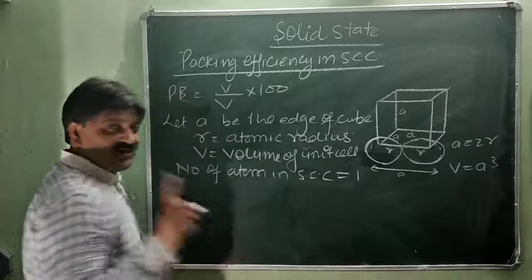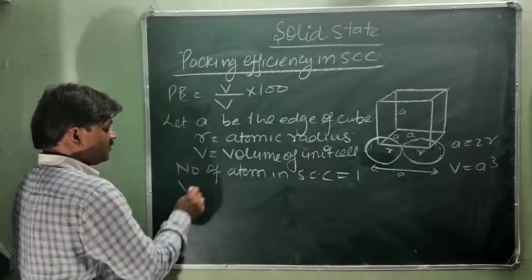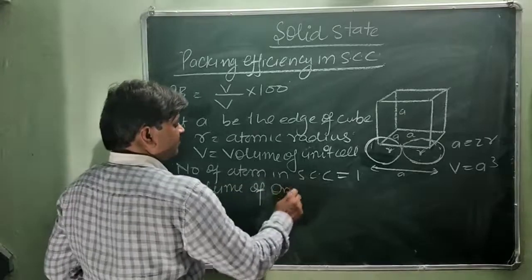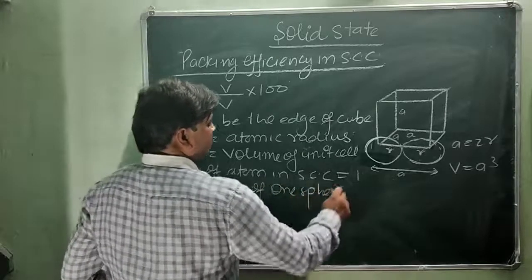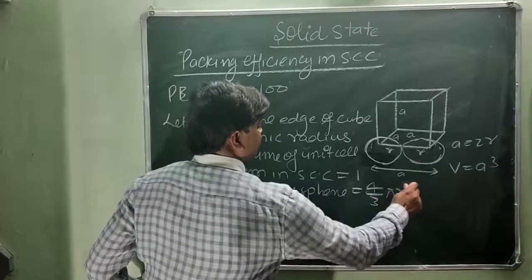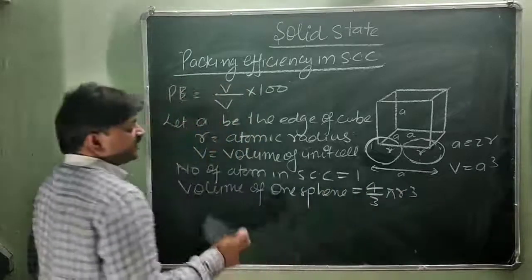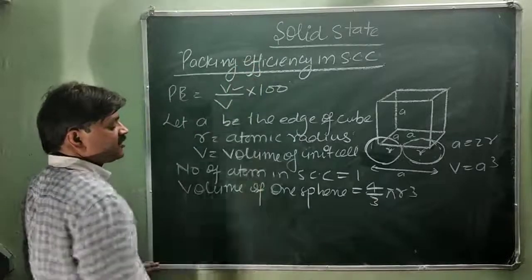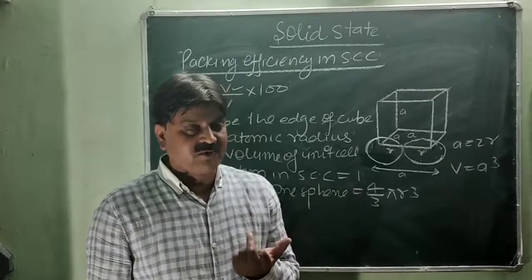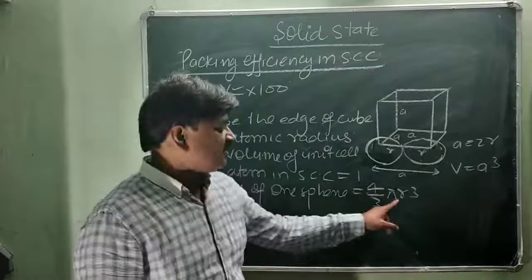So the volume of one sphere is obviously 4 by 3 pi r cube. So we have to find out this v value. The number of atoms in SCC is 1, so the volume of one sphere is equal to 4 by 3 pi r cube.